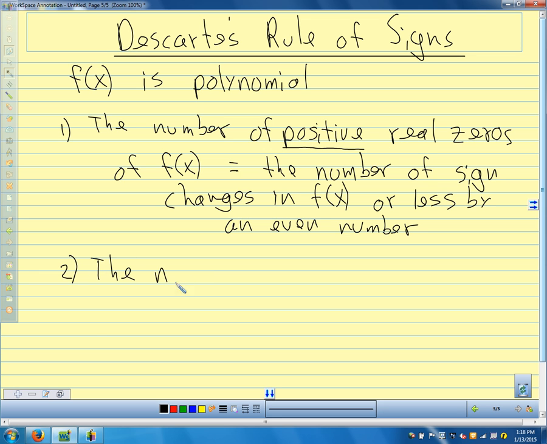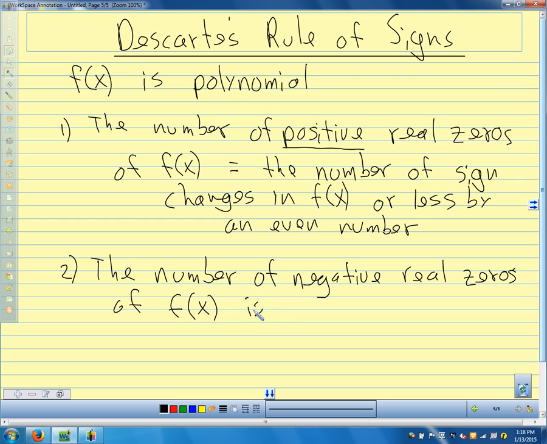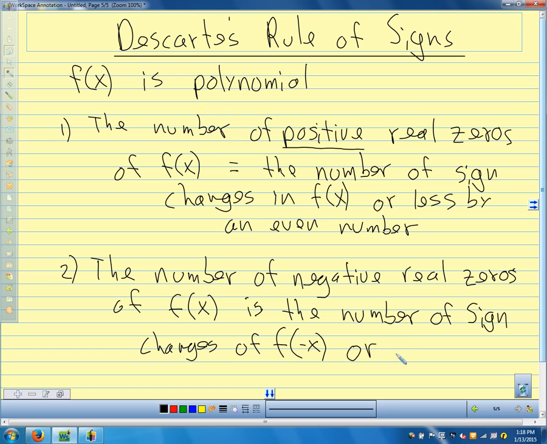The number of negative real zeros is the number of sign changes of f of negative x, or less by an even number.